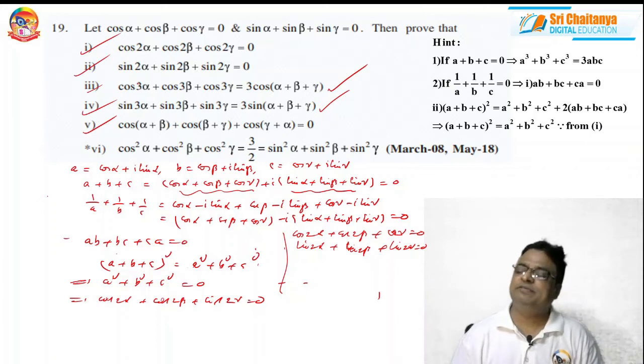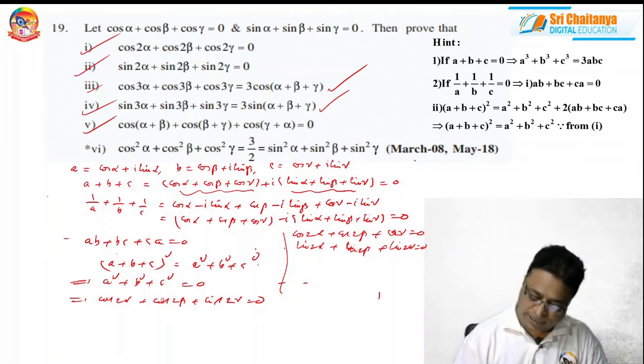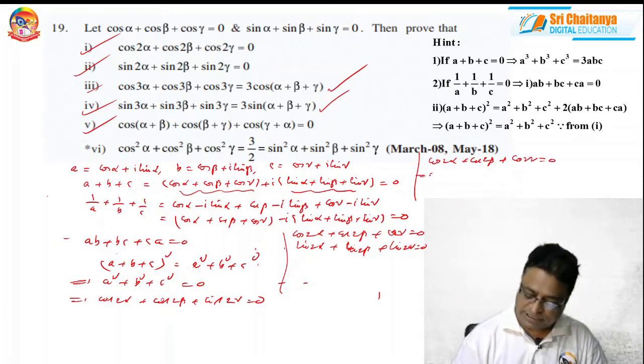Then how to get the sixth result? You know that cos 2 alpha plus cos 2 beta plus cos 2 gamma equals 0, which I already proved. Cos 2 alpha means 2 cos square alpha minus 1, plus 2 cos square beta minus 1, plus 2 cos square gamma minus 1 equals 0.